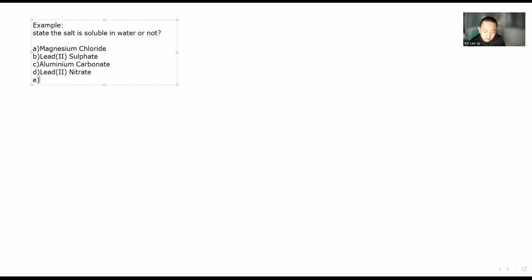Copper 2 sulfate. Zinc chloride. Potassium carbonate.